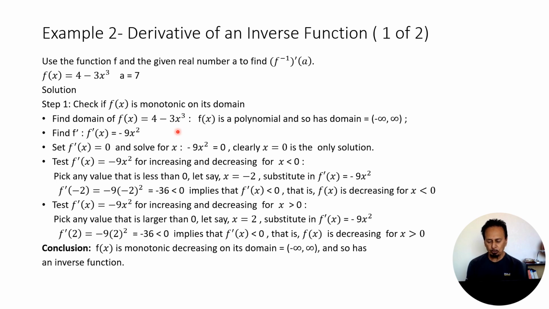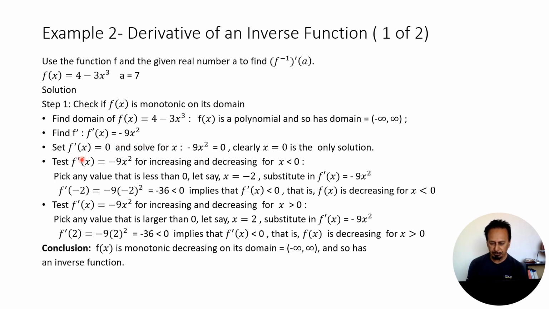minus 3x cubed, and this is a polynomial function, and we know the domain of a polynomial function is all real numbers. In interval form, you can say minus infinity to infinity. Let's find the first derivative of the given function. The derivative of 4 is 0, and the derivative of negative 3x cubed is negative 9x squared.